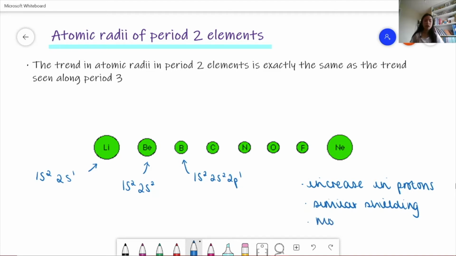So there's more attraction between the outer subshell and the nucleus.